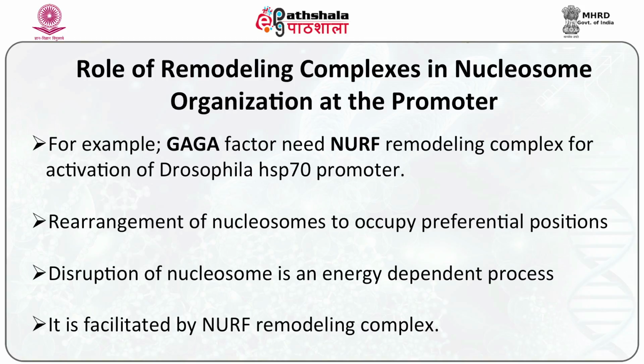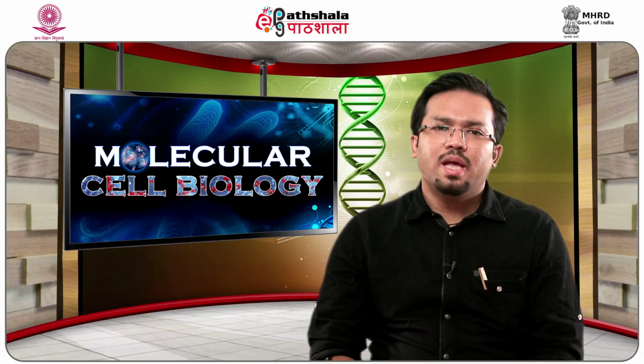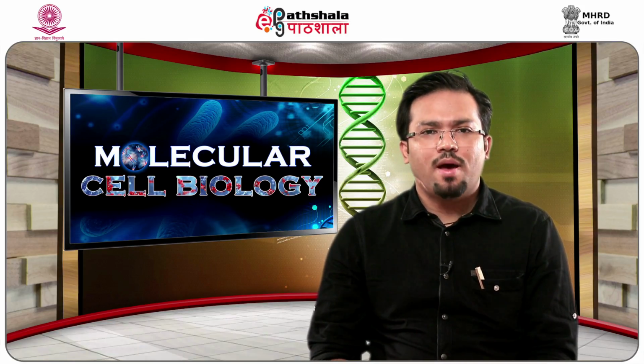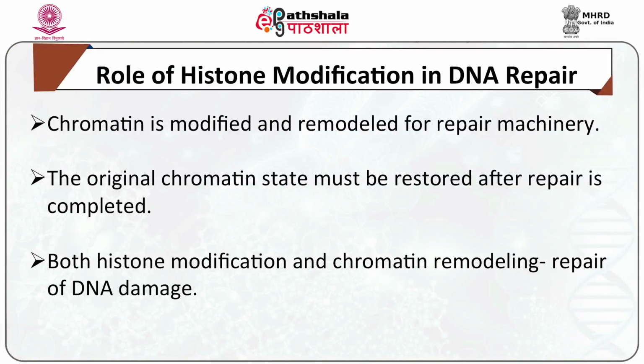It also causes rearrangement of the nucleosomes so that they occupy preferential instead of random positions. Disruption of the nucleosome is an energy dependent process and is facilitated by the NURF remodeling complex, a complex of the ISWI subfamily.